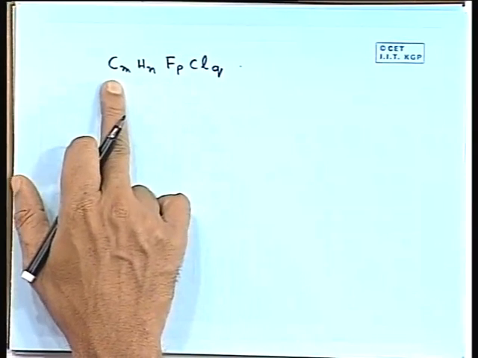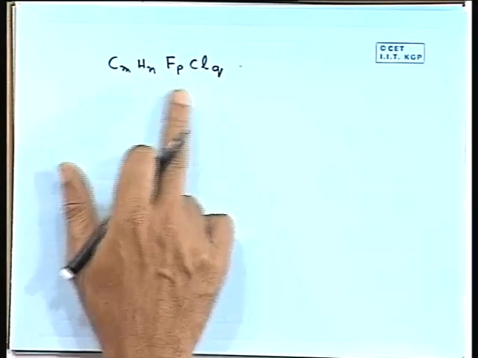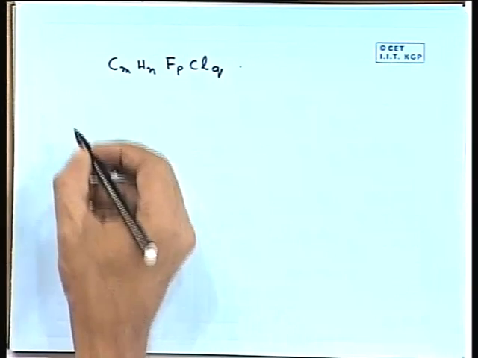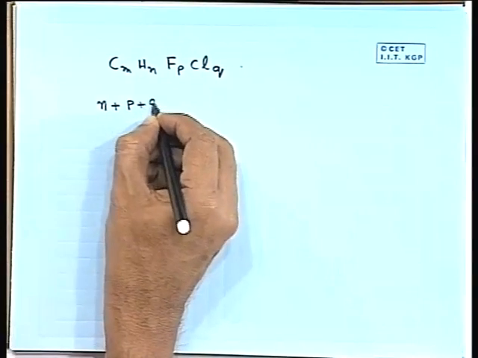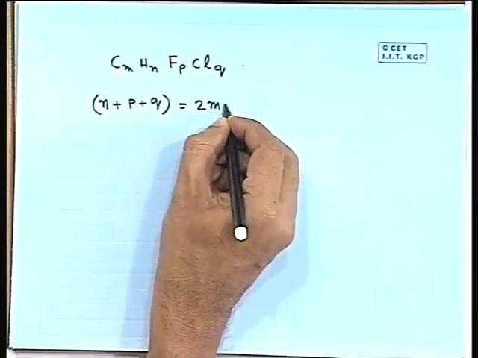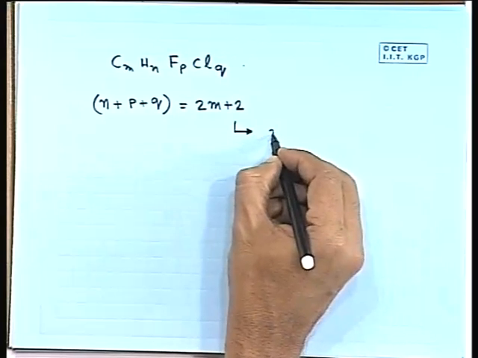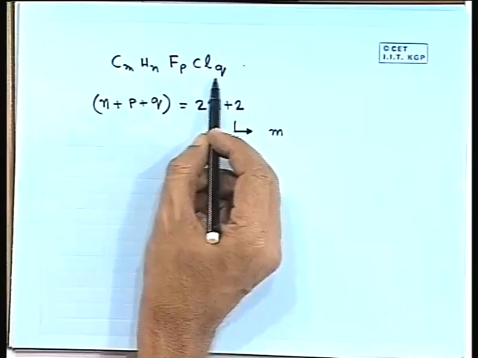CmHnFpClq: this is carbon, then hydrogen, then fluorine, then chlorine, and these are the number of atoms in this particular compound. And if we have this formula, n plus p plus q is equal to 2m plus 2, then from here one can calculate the value of m. These are known quantities m, n, p, q.